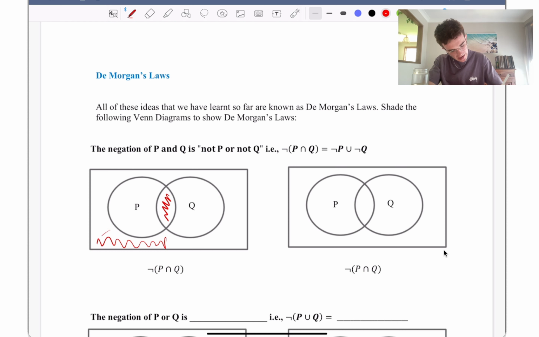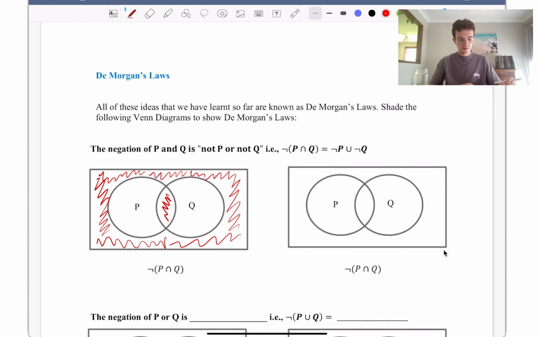So not P and not Q would be outside here. Not P and Q would be that there. Now the negation of that would be not P or not Q. Now not P is all of this here.